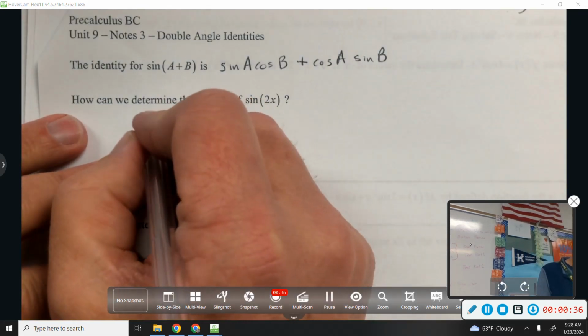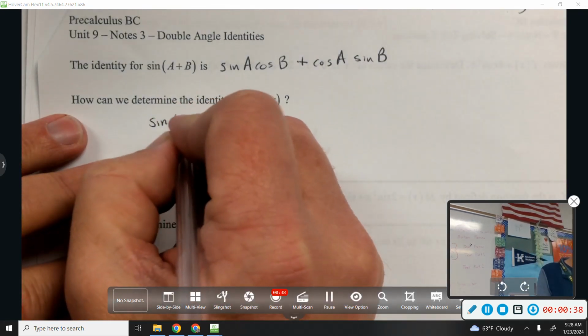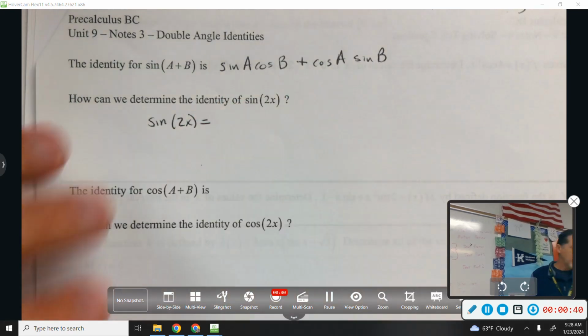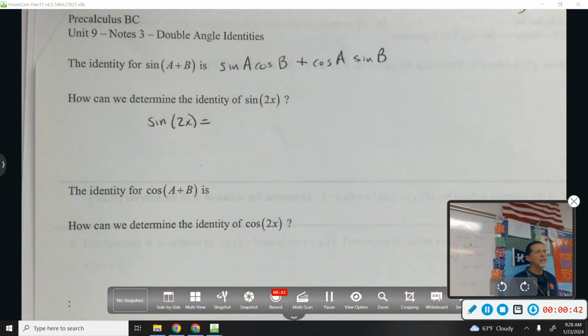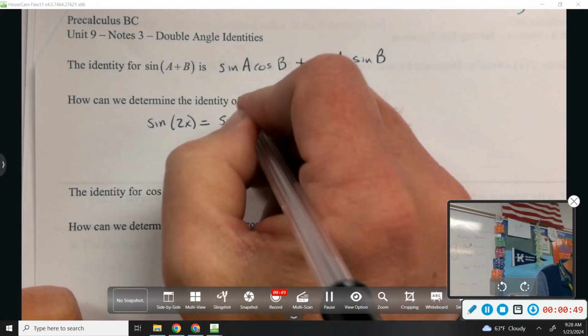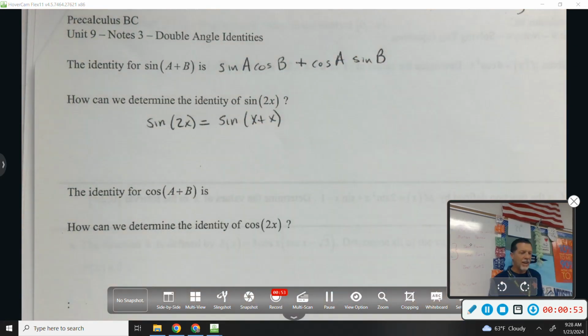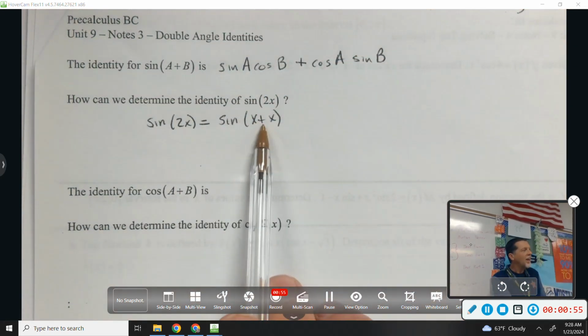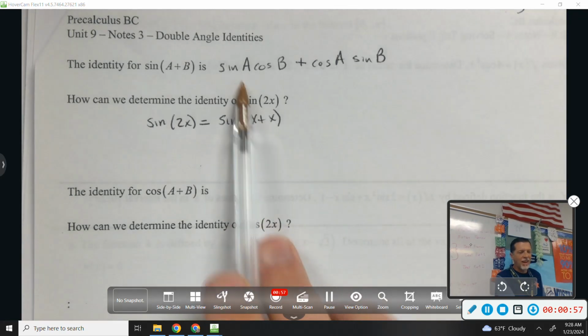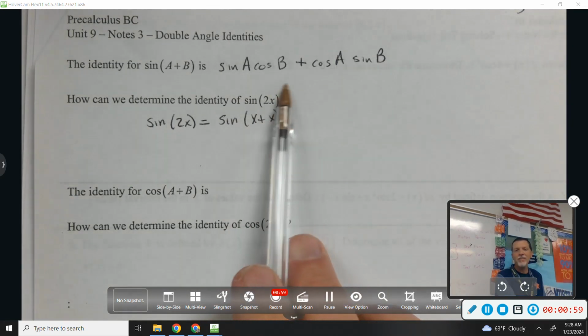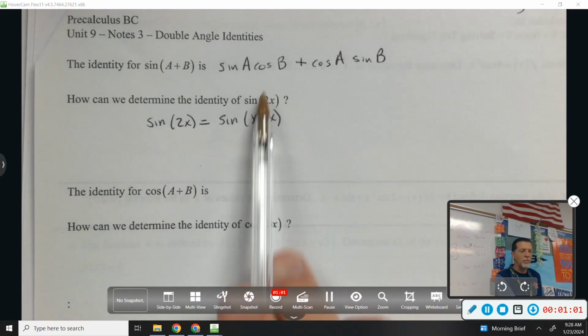So how could we use that to help us find the sine of 2x? Is there another way I could write it? I could write x plus x. And then I can use a sum identity, and x is a and x is b, so it's not a matter of getting them confused, since both angles are x.